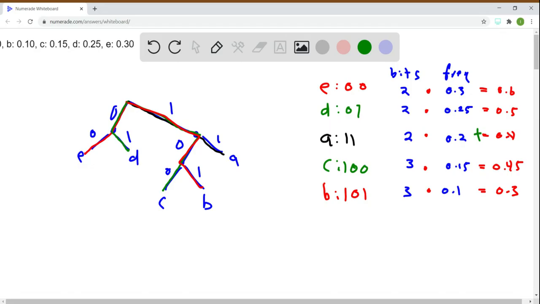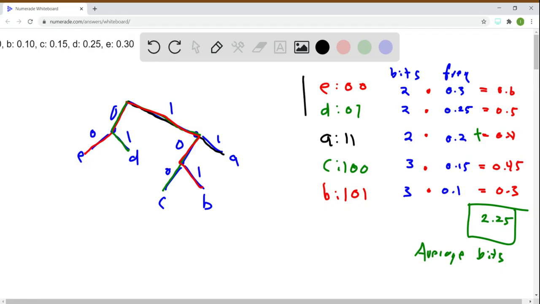And then we're going to add all of these up. And if you add all those up, you should get 2.25. So this here is the average bits we will need to use in order to code any word. And then this here will be our coding scheme.